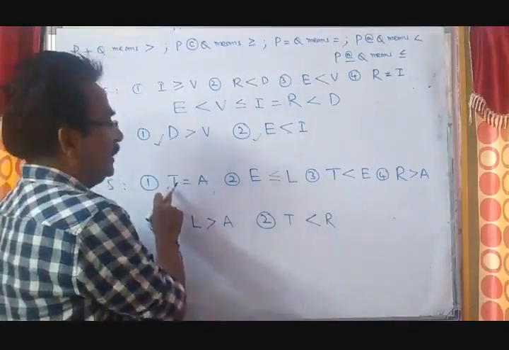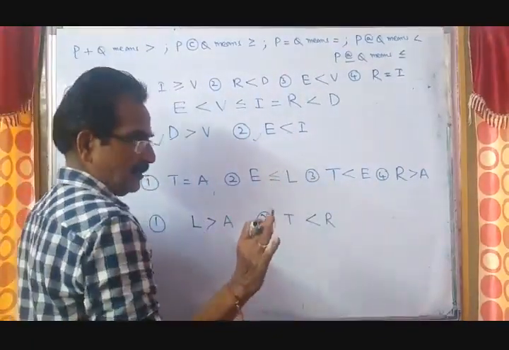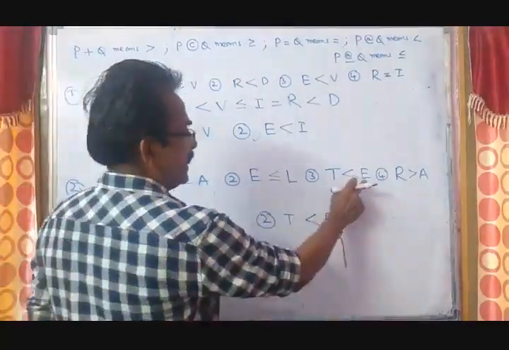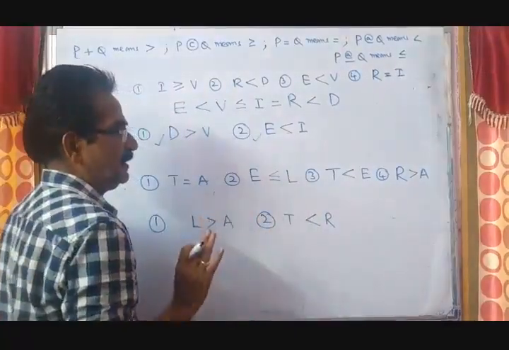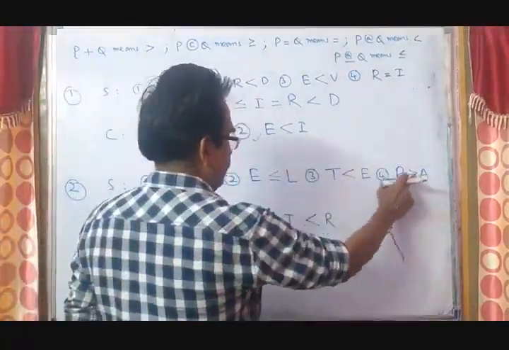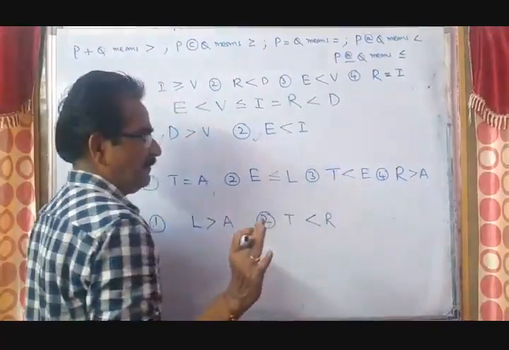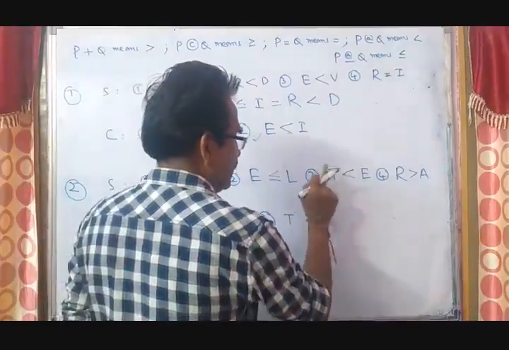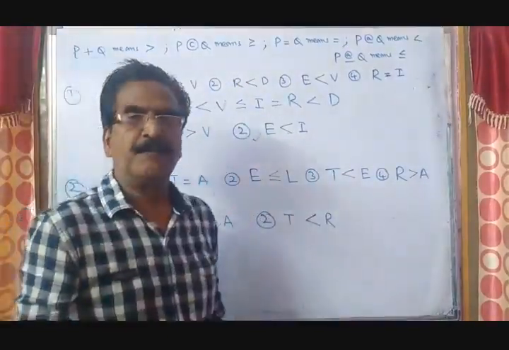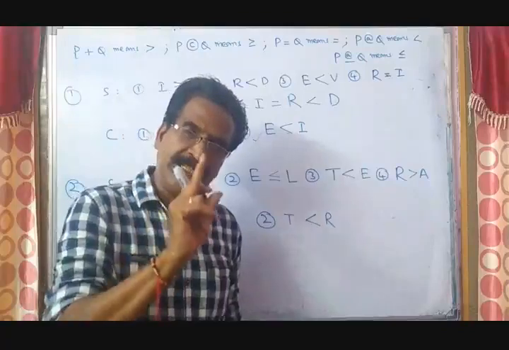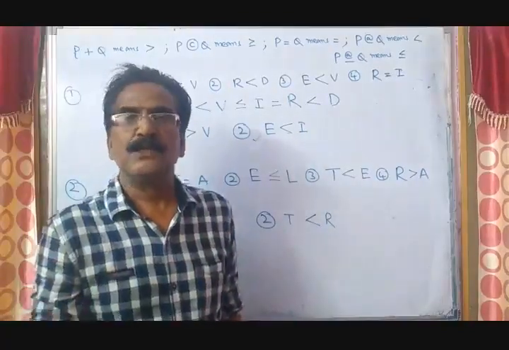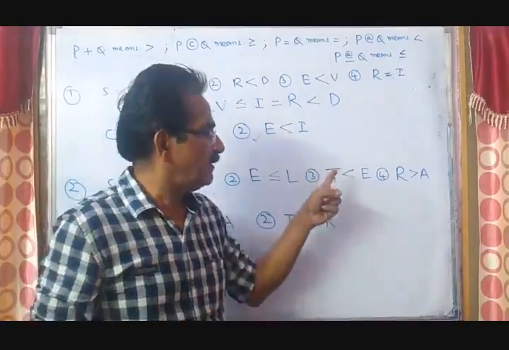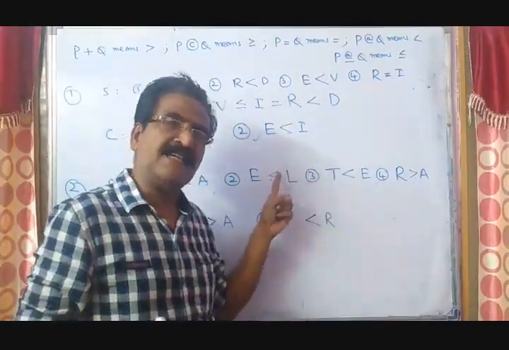See here, two T's are there, so don't begin the statement with T. Two E's are there, so don't begin with E. Two A's are there, so don't begin with A. One L is there, one T is there. You can begin the statement with either L or T. If you begin with L, the statement ends with T. If you begin with T, the statement ends with L.